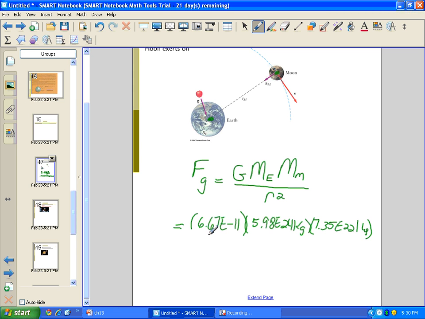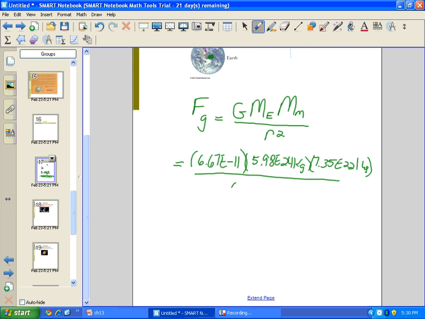Divide that by their distance of separation squared, center to center, 3.84 e to the 8 meters, square that, and we get 1.99 e to the 20 newtons. Now, this is the force of gravity that the Earth exerts on the Moon.